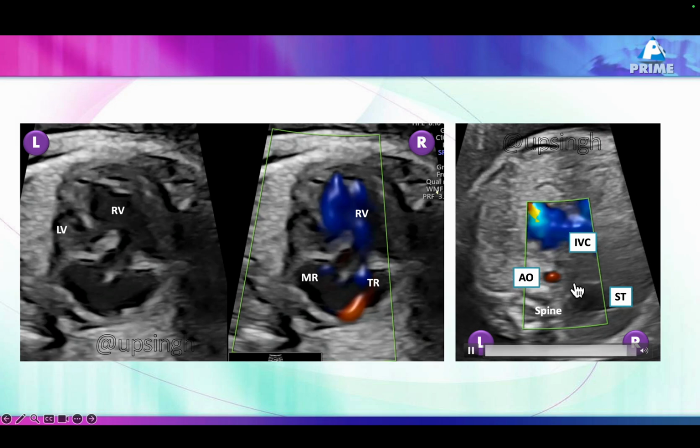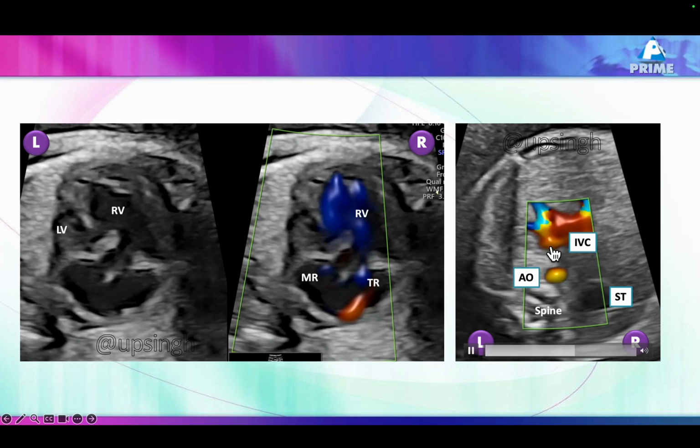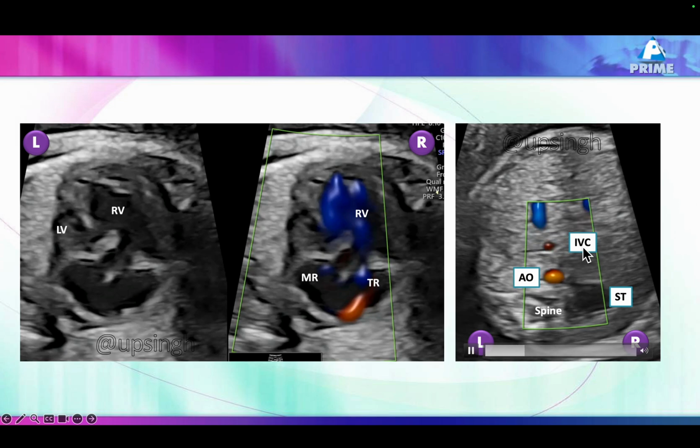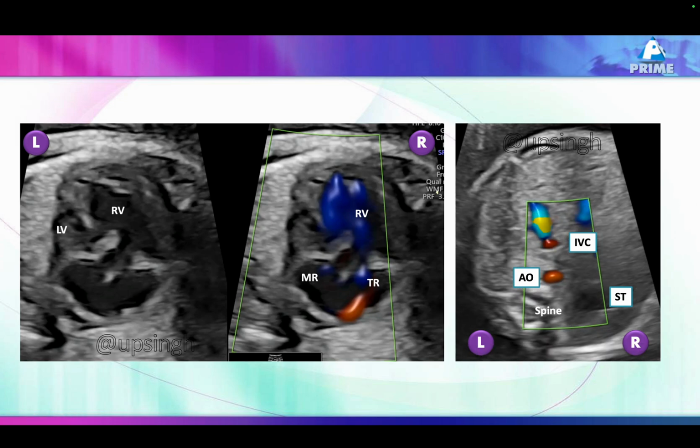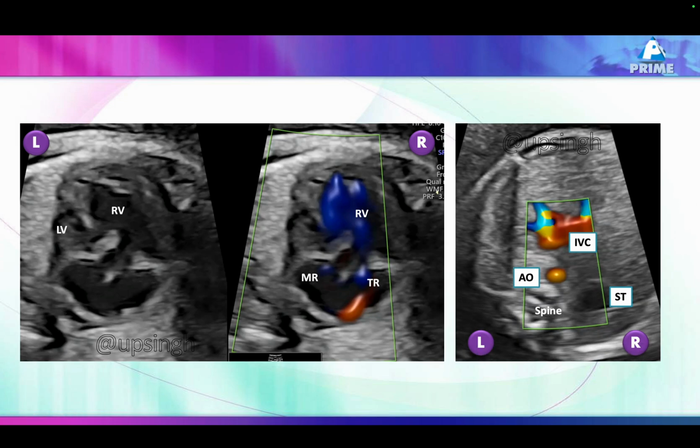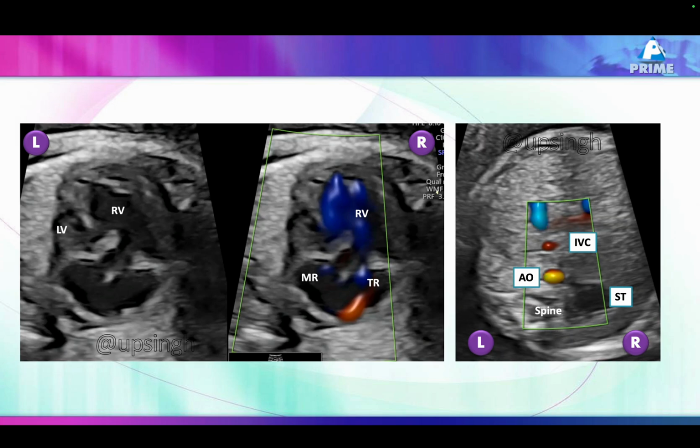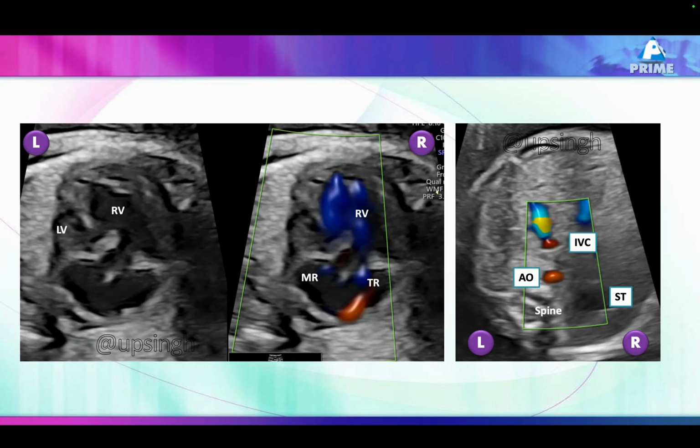Stomach is on the right, aorta and IVC are on the left side. Both IVC and aorta being juxtaposed indicate a right atrial isomerism.